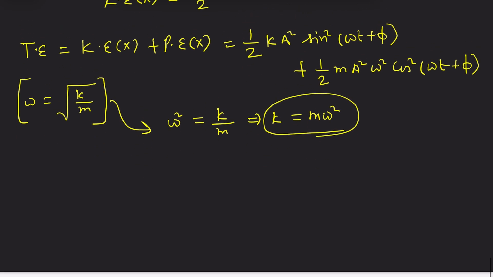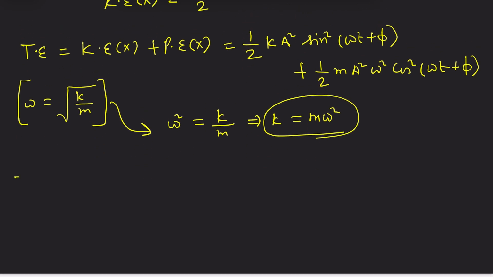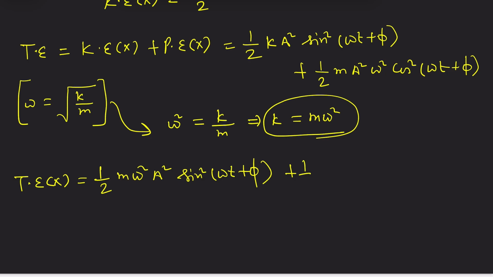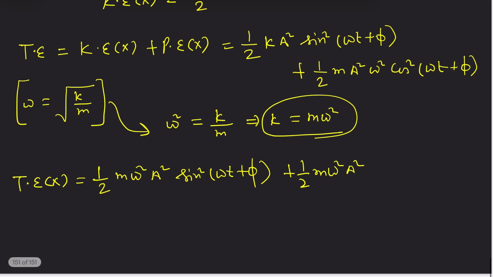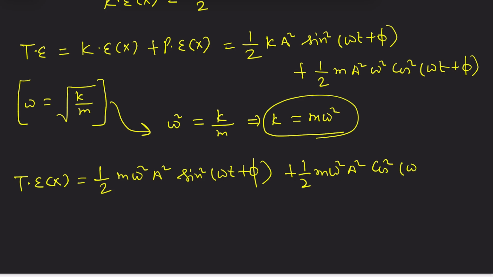If I replace this, what I get is total energy at x is equal to half m omega square a square sine square(omega t plus phi) plus half m omega square a square cos square(omega t plus phi).